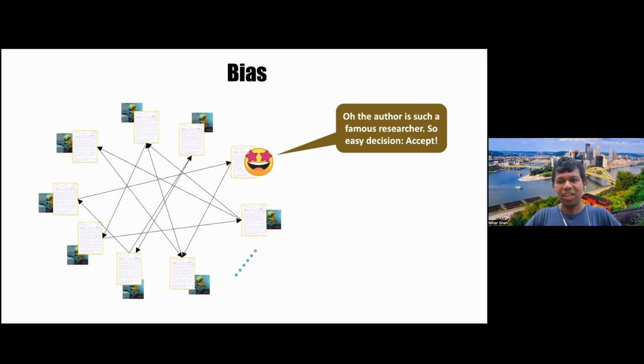Another issue is that of bias. And this is something you might be familiar with. There have been many, many studies where people have found that a reviewer, if they see a famous researcher, is much more inclined to hit accept. People have also found biases against certain groups like women and so on.